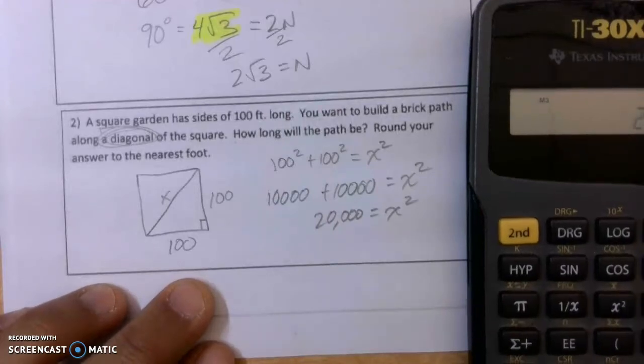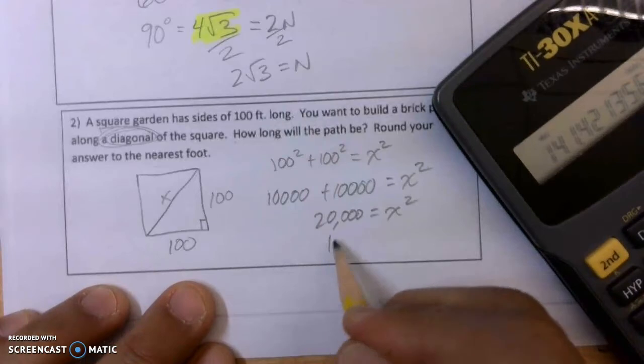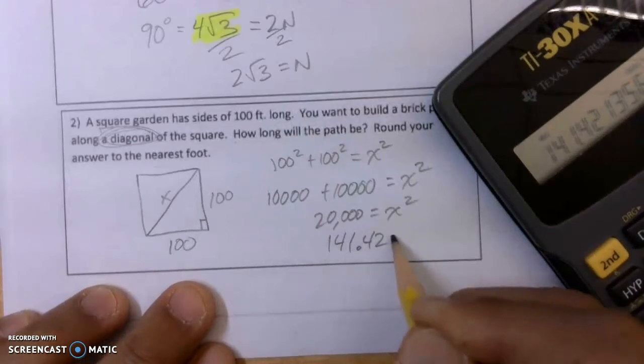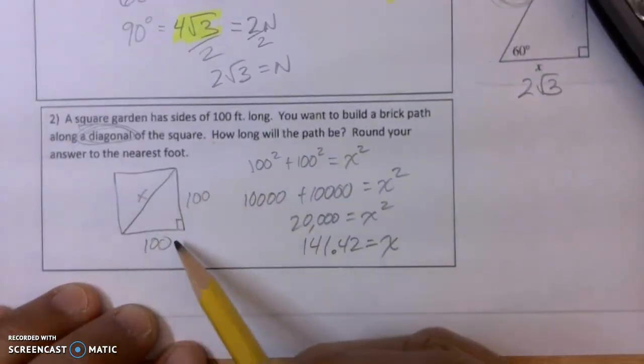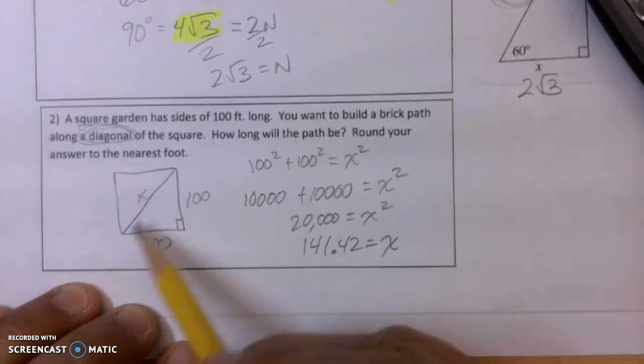Let's throw this in the calculator. 20,000 square root, 141.42, and that would be the pathway. If this is 100 feet, this would be 141 feet long.